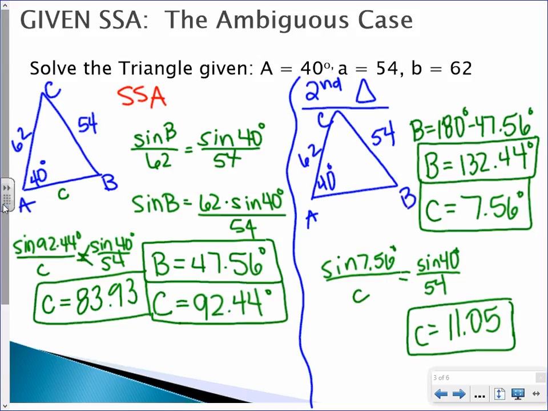Yes, because it's across from a really tiny angle. And this is across from a large angle, right? Same thing over here. Our big angle across from our big side and small across from small. Always reflect to make sure your answers make sense with your triangle. After lunch, we will look at the one and no solution case. Now you may go.